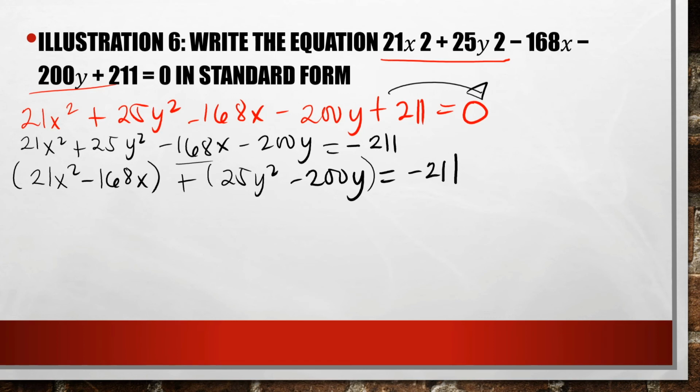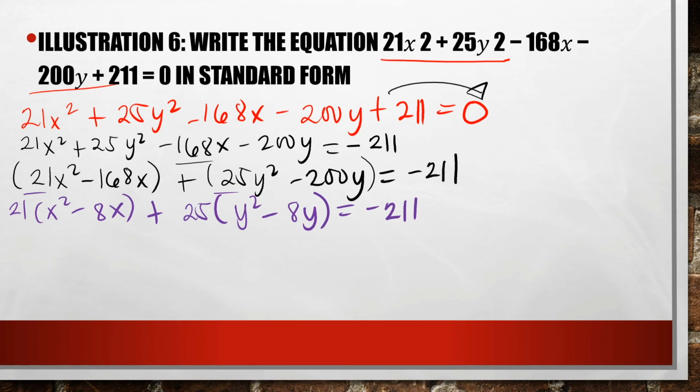And then, ilalabas lang natin itong 21, ngayon 25. 21 times x squared minus 168 divided by 21 is equal to 8, 8x, plus, labas din natin yung 25, tira is yung y squared minus 200 divided by 25 is 8, y equal to negative 211.